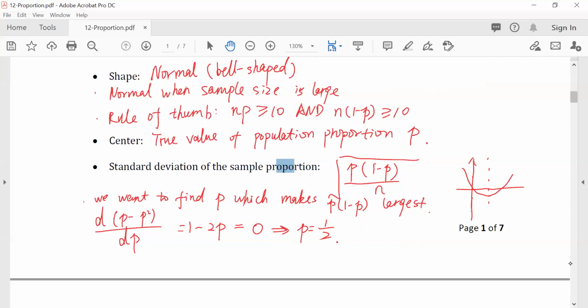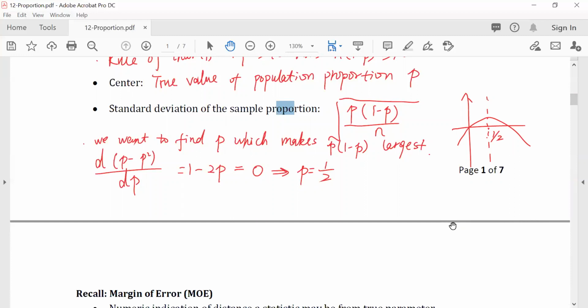I'm sorry, it will be the other way around. It will be something like this. And then here is 1/2. So this is when your standard deviation is largest.